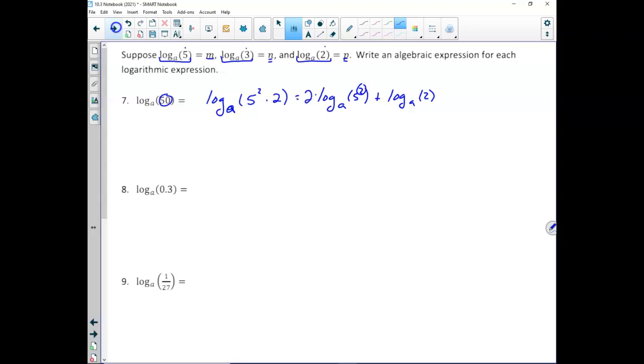So when I power that little guy down, that's really where I'm at now, right? So this is going to be 2 times a log base a of 5, that was 2m, plus, what was a log base a of 2? A log base a of 2 was p.